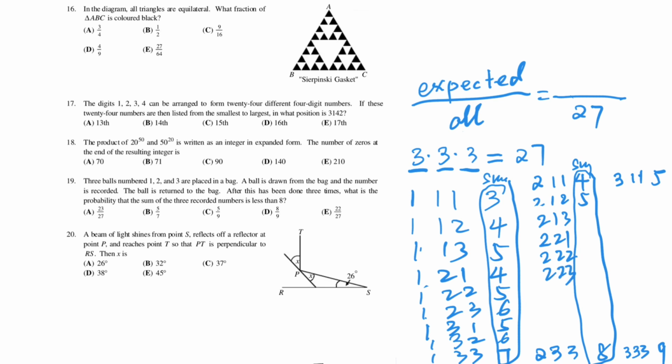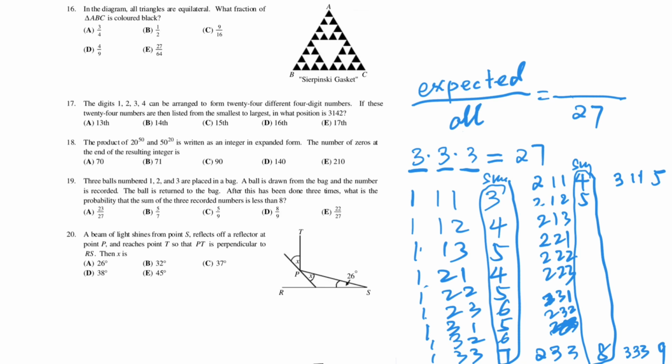They are less than 8. And 2, 3, 1, 2, 3, 2, 2, 3, 3. 2, 3, 3 is the last, that's 8.